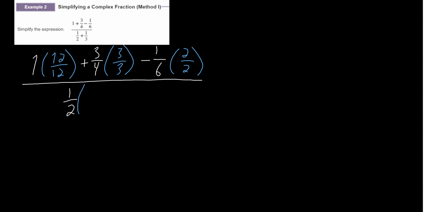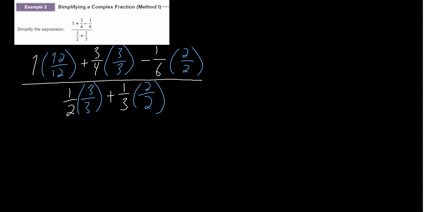It looks like immediately a 3, so just simply 3 over 3. And plus 1/3. What do I need to multiply this 3 by down here? That's a 2. All right, and now we can proceed.